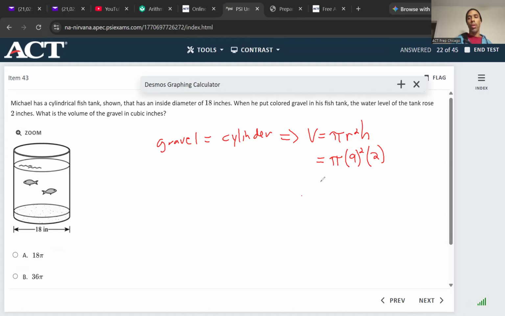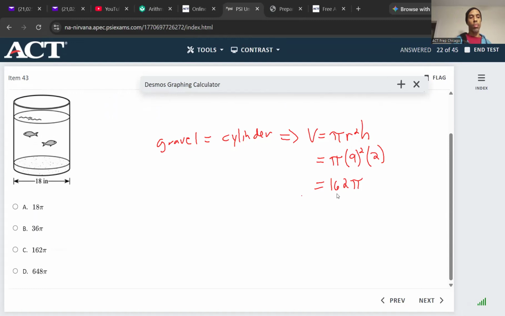We get 81, and 81 times 2 would be 162. So 162 pi cubic inches would be the volume of the gravel. So that'd be C.